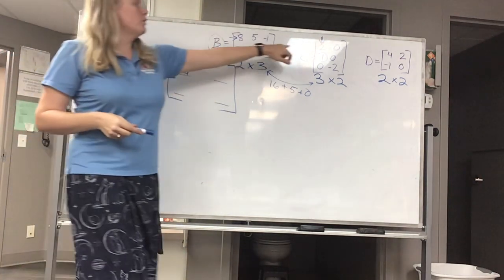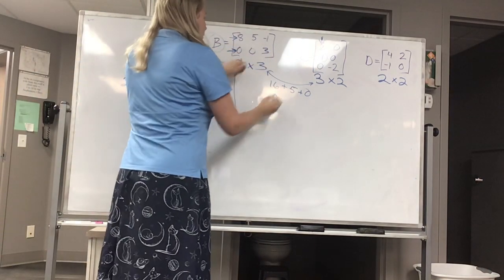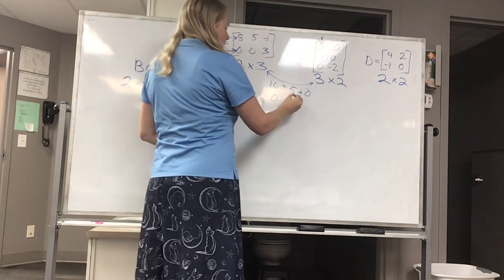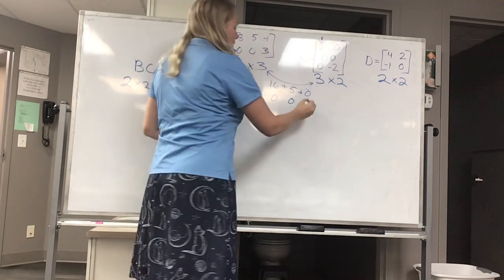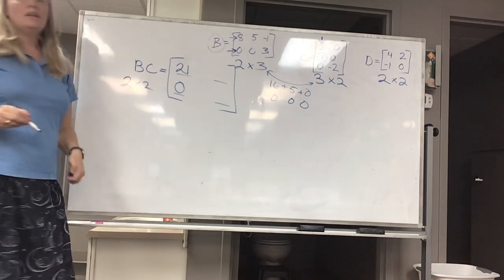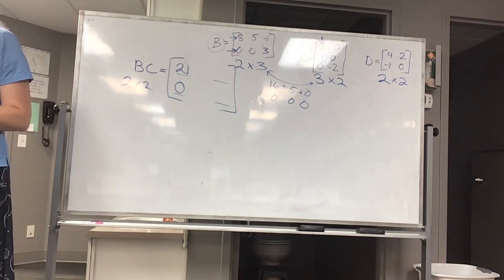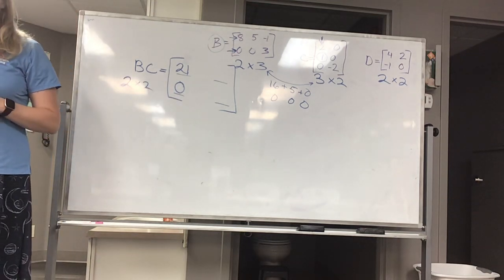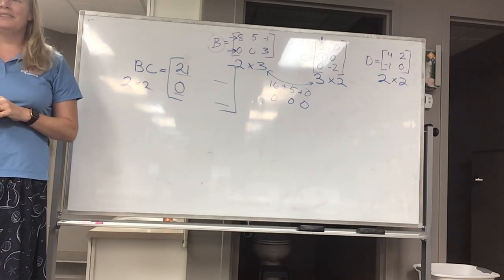We're going to take 0 times 2 is 0. 0 times 1 is 0. 3 times 0 is 0. Our second element right here is 0. Does that make any sense at all? Okay.